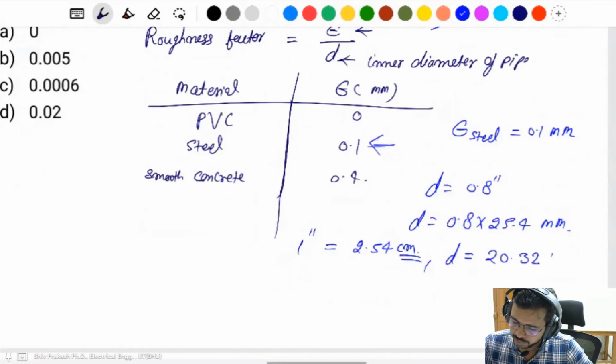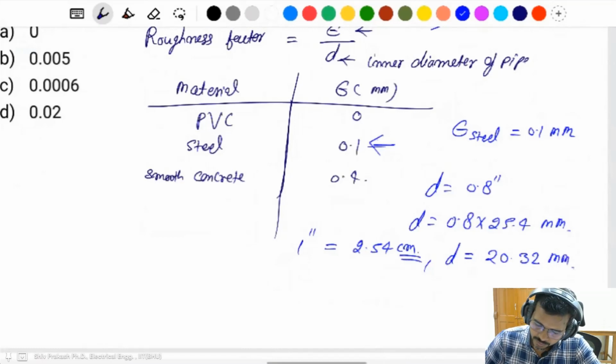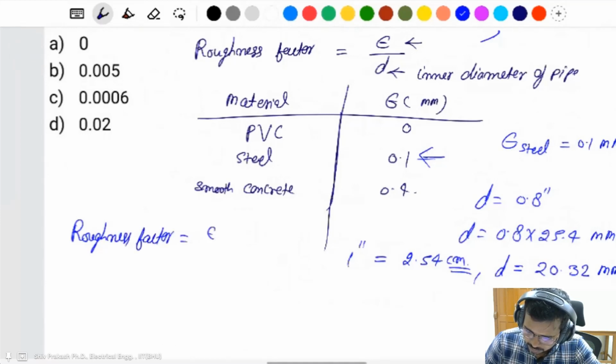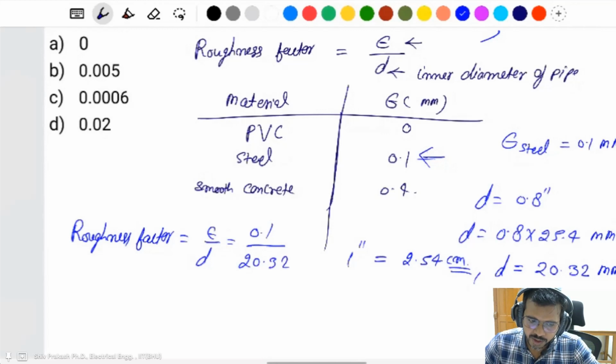(20.32 mm). And what is the roughness factor? 0.1 divided by 20.32.